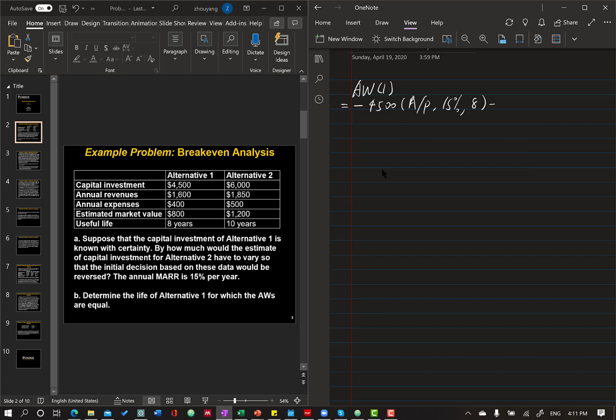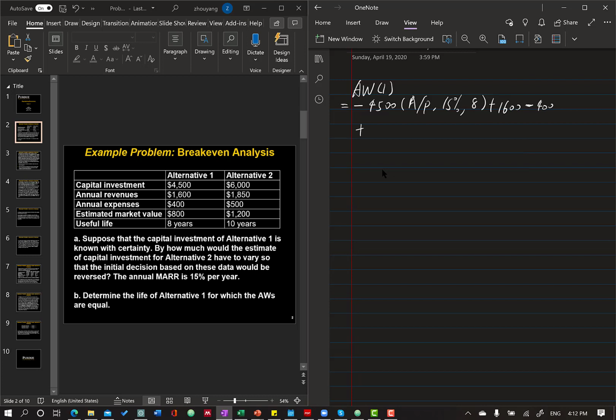And the annual revenue, we don't need to do anything here. And the annual expense, that's minus 400. Since it's annual worth already, we don't need to do anything here. And the next one, also the last one, would be the market value.